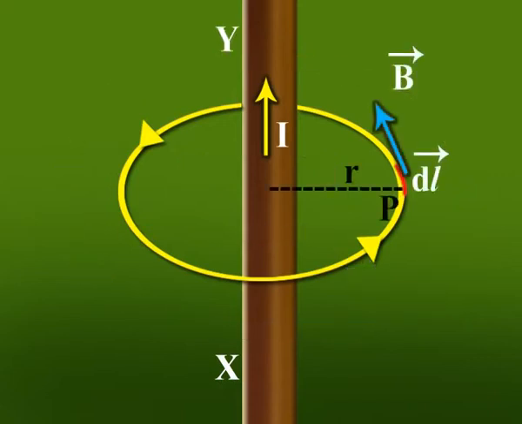Let us fix a field point P at a distance r from the conductor. We know that the magnetic field induction B at a point due to a straight current carrying conductor is equal to mu naught I upon 2 pi r. Here, the direction of B is along the tangent to the magnetic field line at that point.